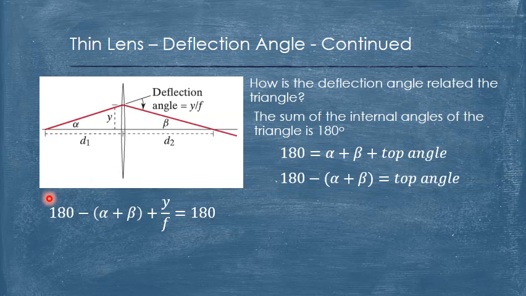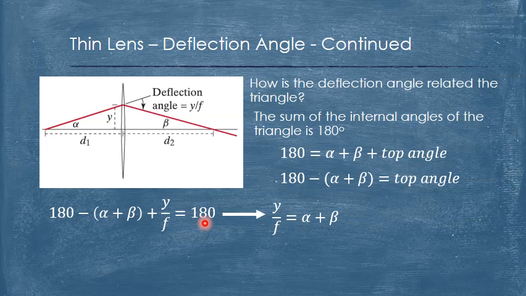When I set this up here, the 180 degree angles cancel. I move this over to this side, so I have 180 minus 180, which is 0. So we can solve this for this expression.